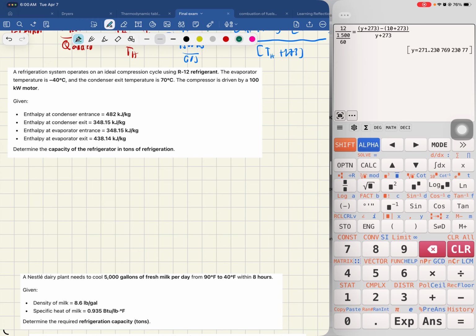So again, we have the evaporator, this is the compressor, and this is the condenser. Also, you have your expansion valve.